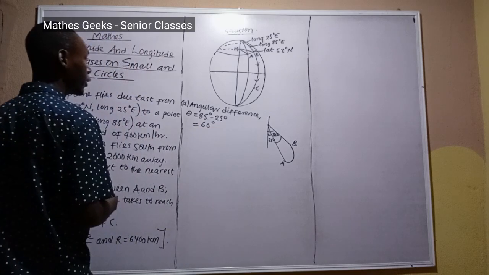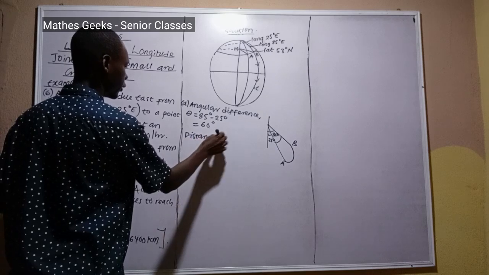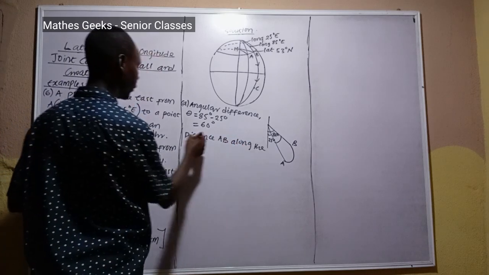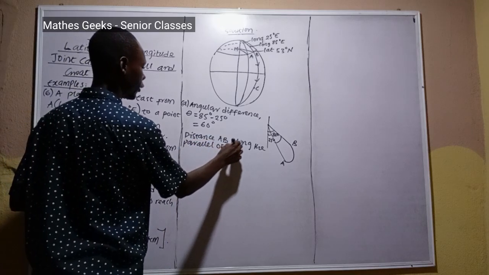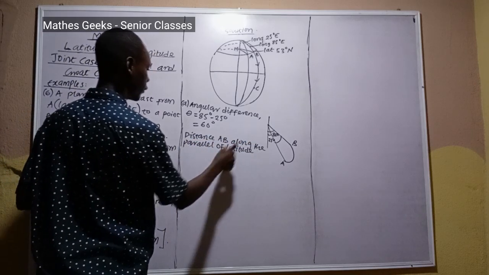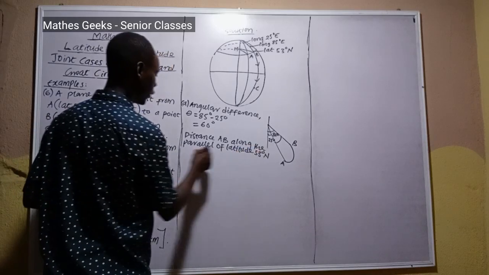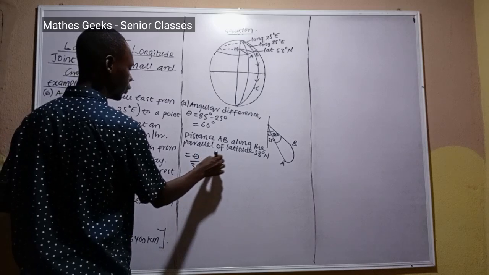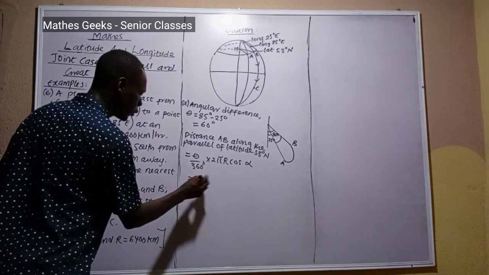So distance AB along the parallel of latitude 53 degrees north is equal to theta over 360 degrees times 2 pi r cos alpha.